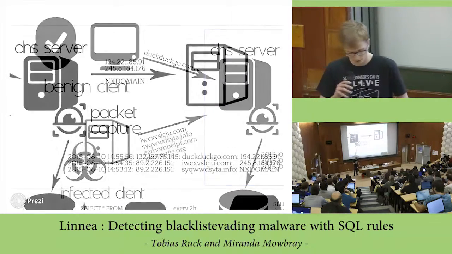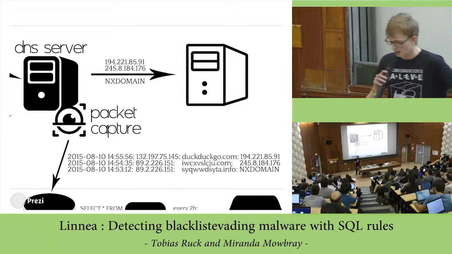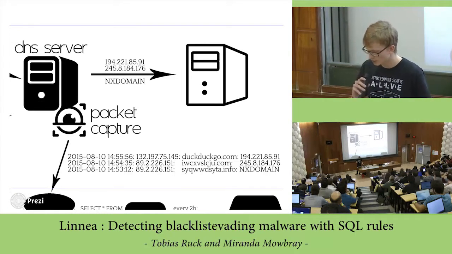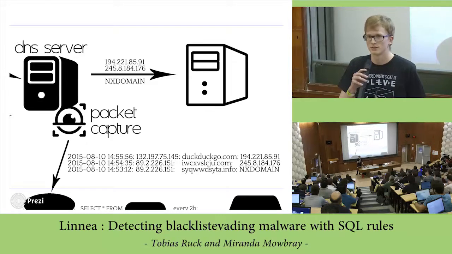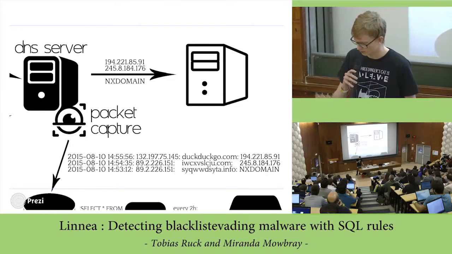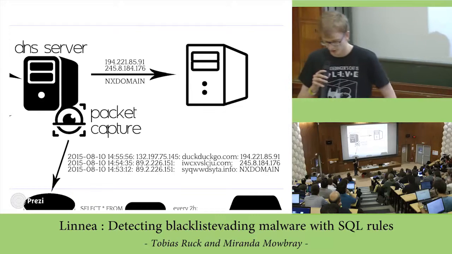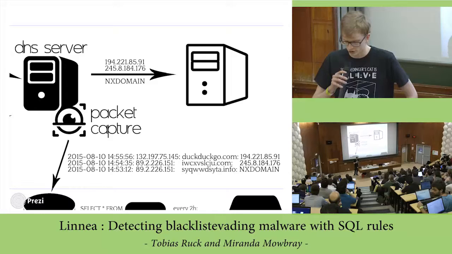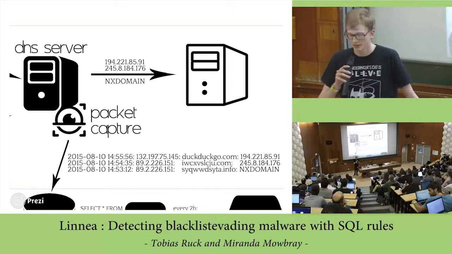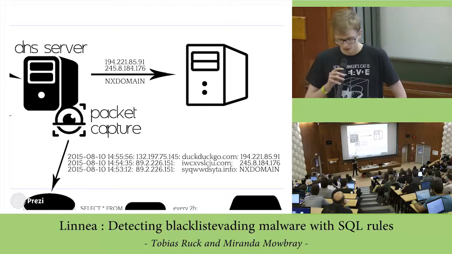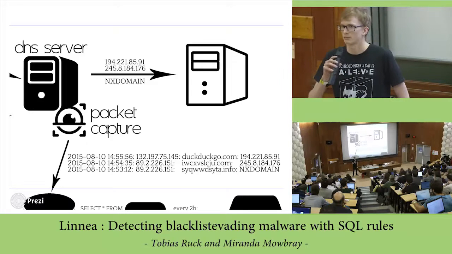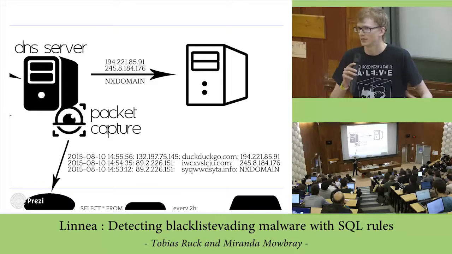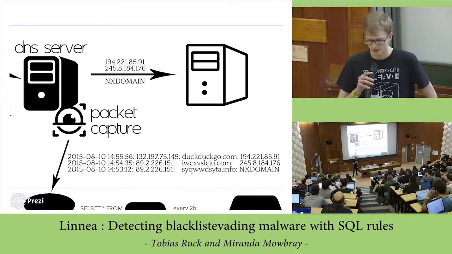The DNS server will evaluate the query, and it will either respond with an IP to connect to, or with an NX domain if there's no such domain. If you know DNS packets, that should be all very clear. Most larger enterprises have their own DNS server, and what we do now is install a packet capture on that DNS server to track all the incoming and outgoing requests.